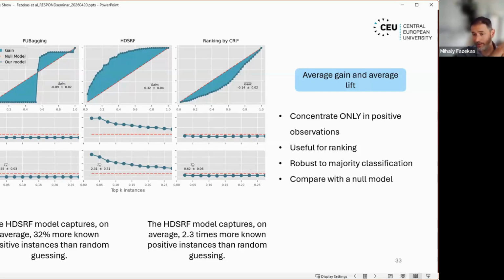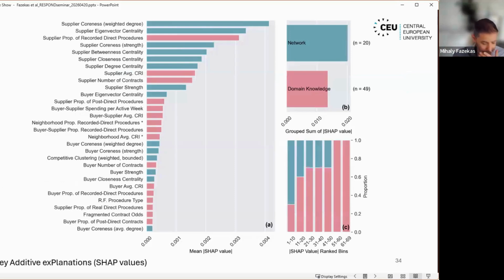I could have a vote here: who thinks that only 3% of contracts are corrupt in Mexico? Who thinks this true number is far higher? I don't know, but my guess would be the true number is far higher. So the unlabeled probably hide a large but unknown number of corrupt cases. That's why we can only focus on the recovery or recall of the proven positive cases. So this is how the model works. It's 7, 8 times better than random guessing in the part of the distribution which matters.